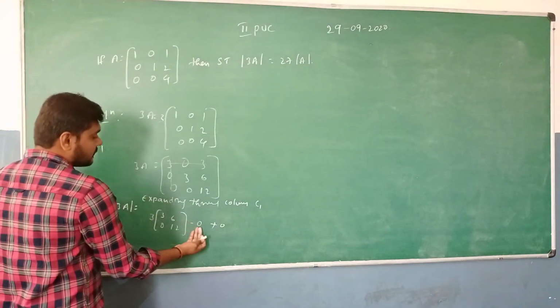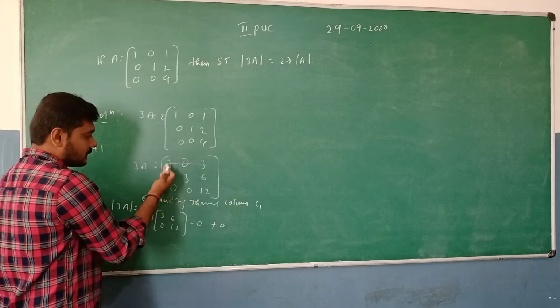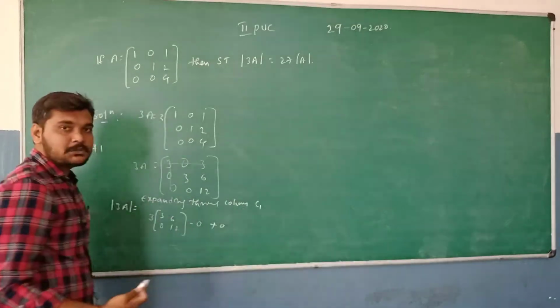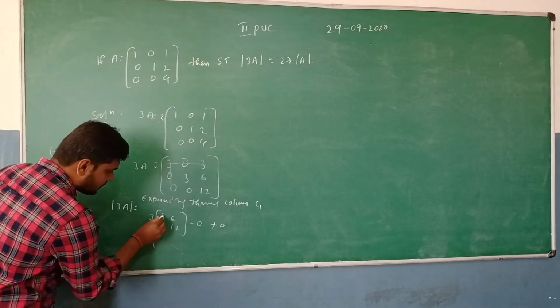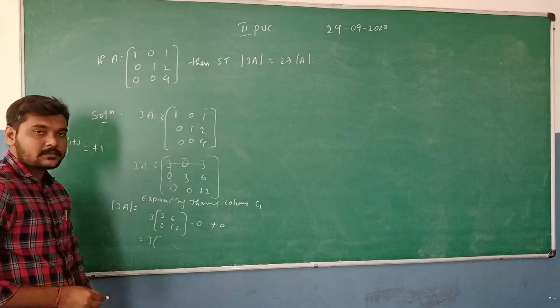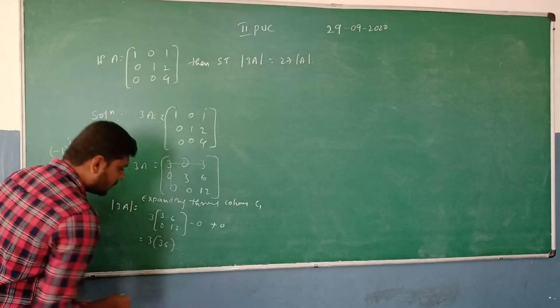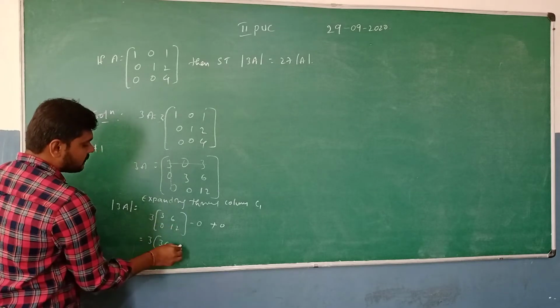So here the 0 terms vanish, so the calculation is simple, because I have chosen column 1 which contains the maximum number of zeros. Okay, so here it is going to be 3 into, so what is the value of 3 into 12? That's 36, then minus 6 into 0, that's going to be 0.